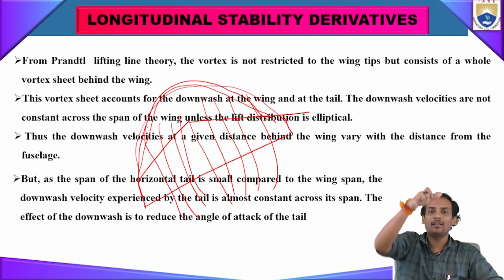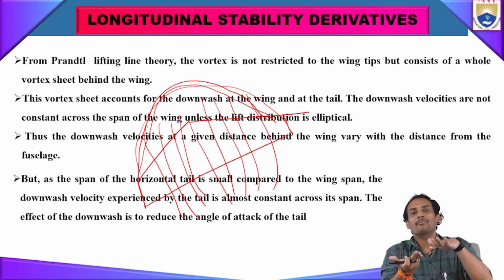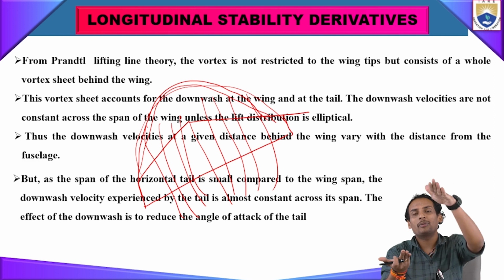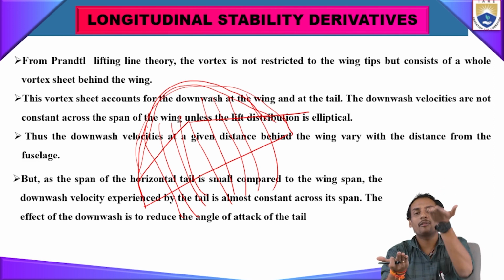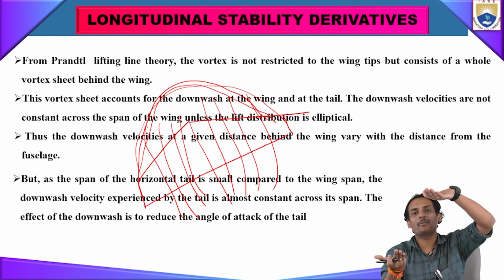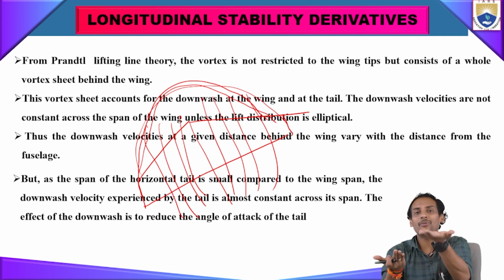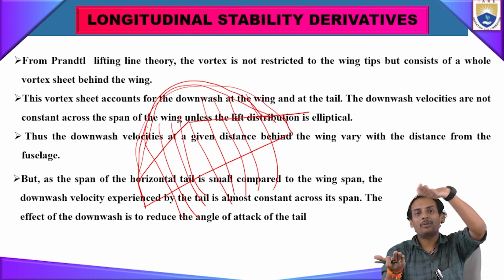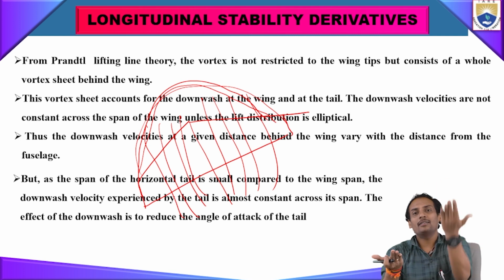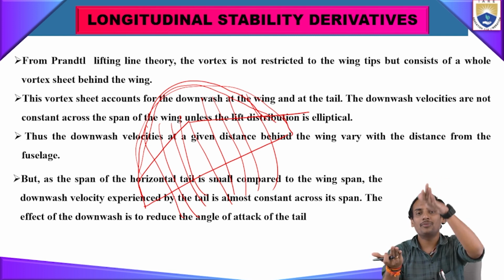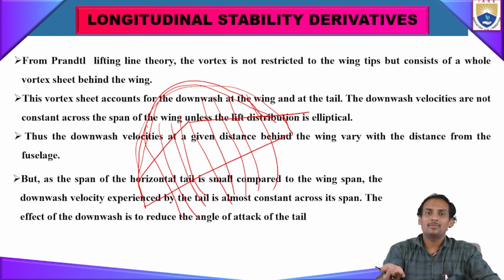Upper pressure will be high and lower pressure will be low, but the reverse should be happening in reality: lower pressure should be high and upper pressure low, then only will the lift be produced. But in the reverse condition, due to this downwash, we need to give additional force to get the lift, because the upper force dominates compared to the lower force, so the lift will be decreased. So these downwash components give you a decrease in lift also, right?